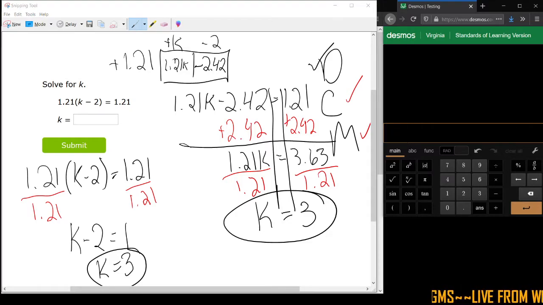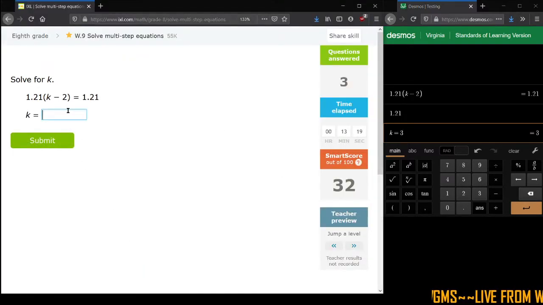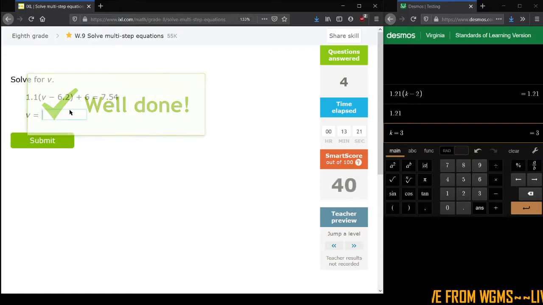I can still prove it using that Desmos calculator. That way I can show off as well. Is that equal to 1.21 when k equals 3? And you better believe it, it is. So for this one, k is equal to 3.